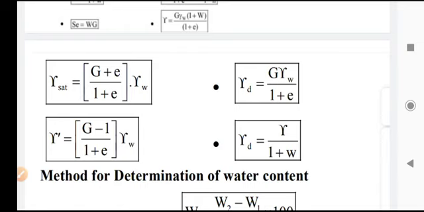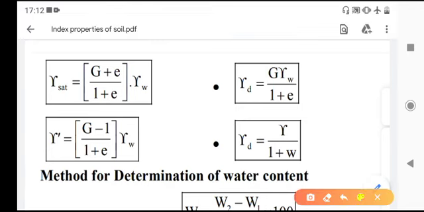Gamma_d equals G gamma_w by (1 plus e), or gamma_d equals gamma by (1 plus w), where gamma is the bulk unit weight of the soil. Here gamma dash equals gamma submerged, which equals (G minus 1) by (1 plus e) into gamma_w.